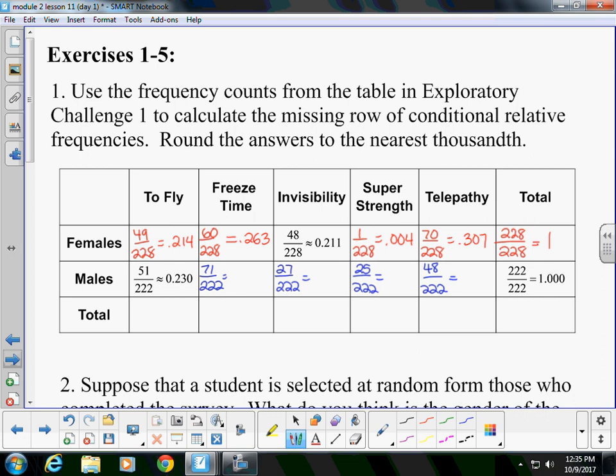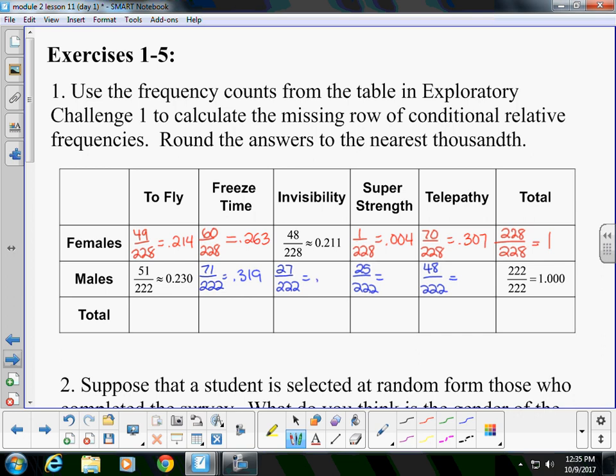So each of those, this one's coming out to 0.319, or just about 32%. To find the percents, I'm just moving the decimal over two places.